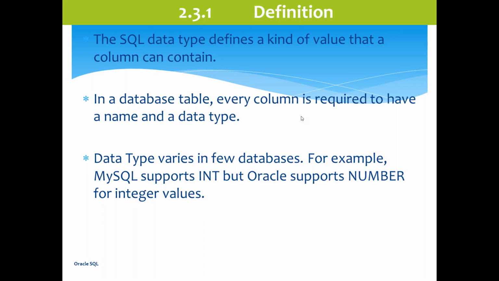Character: any symbol is there, then that is also character. So one is character related or string you can say, another is date related and another is number related. Some are telling it as a numeric value, some as a number, some as decimal, some as integer, anything is fine.